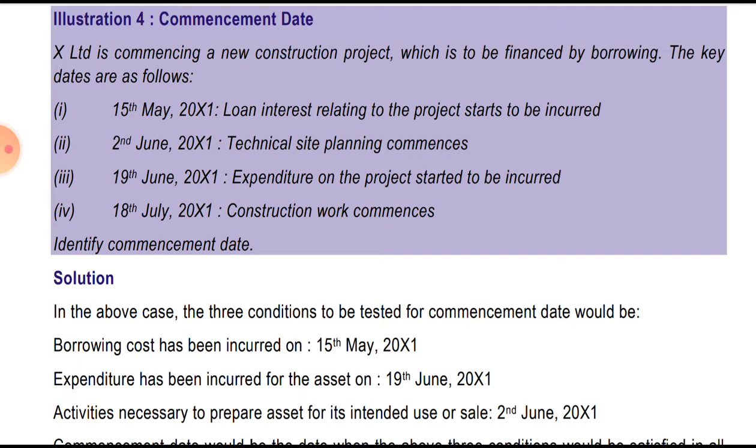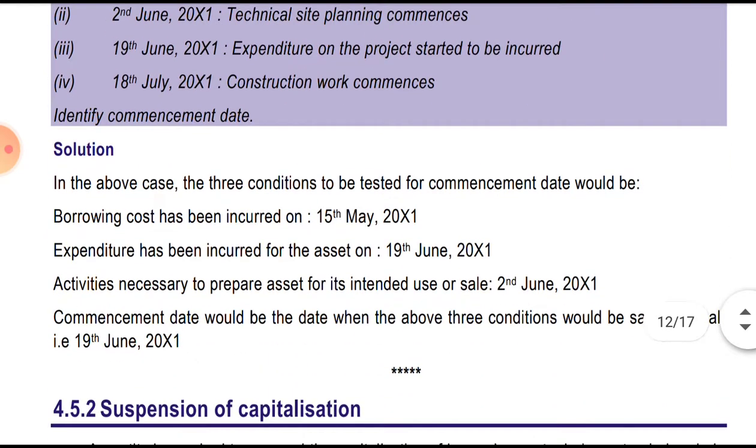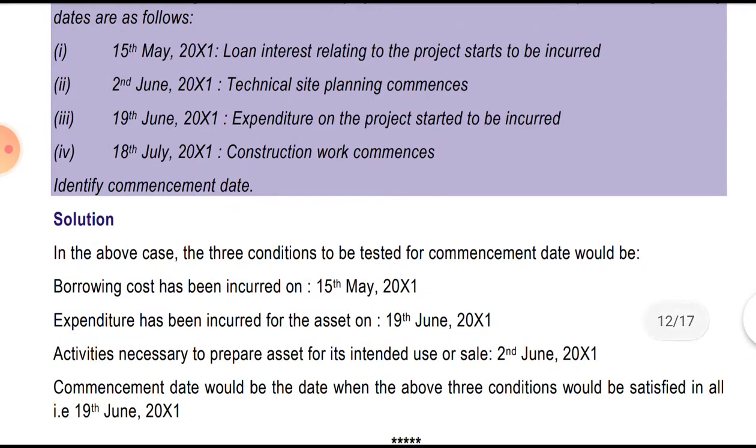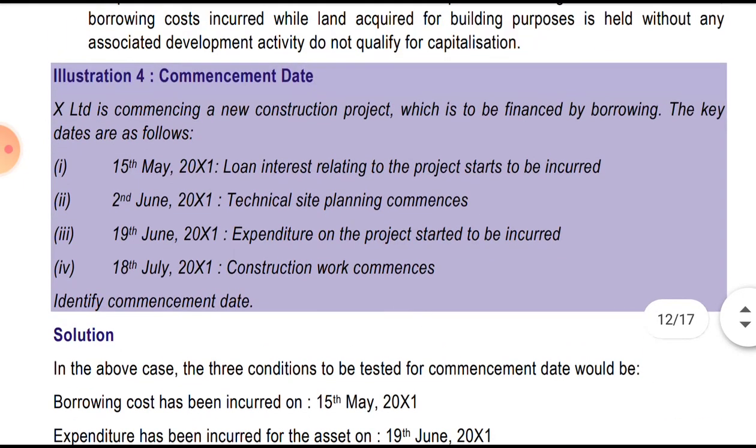So the date over here will be 19th June. That is when the expenditure on the project started, because the basic condition for the commencement of capitalization is that interest expense should have been actually incurred, borrowing cost should have been incurred, expenses should have been incurred, and the project work should have been commenced.